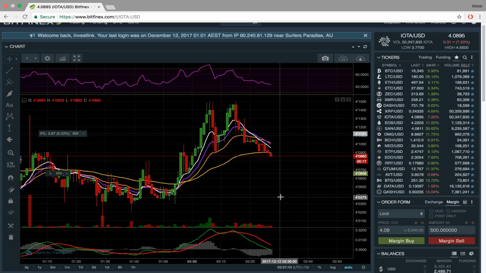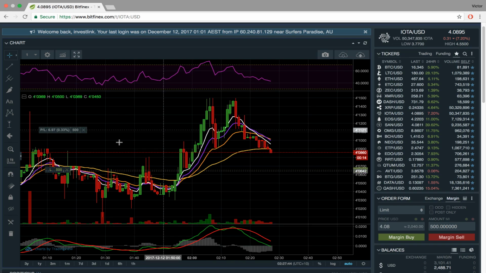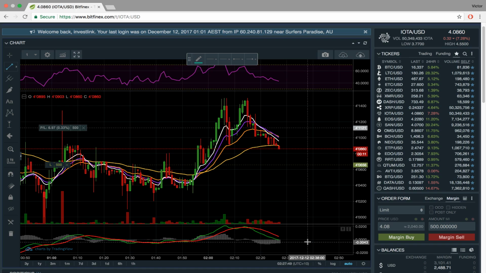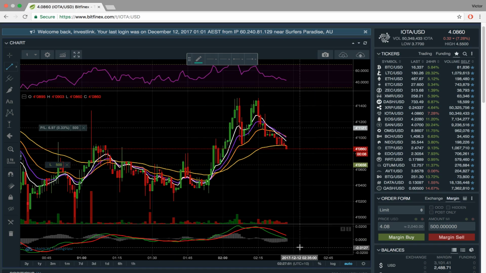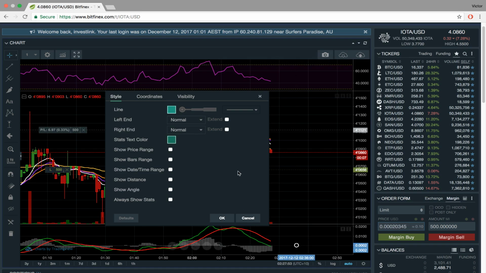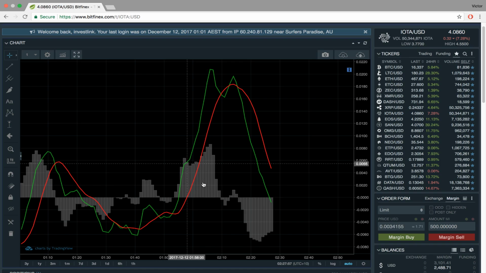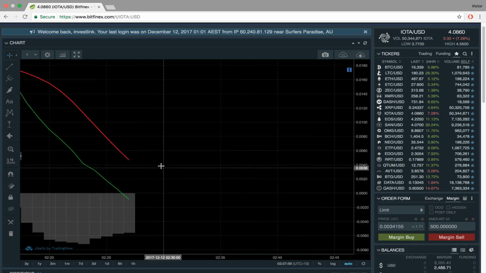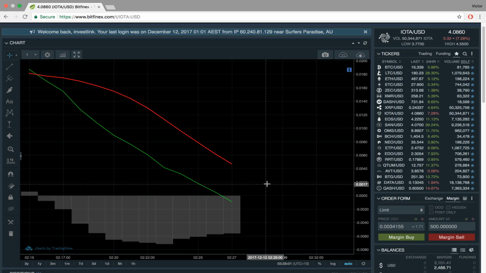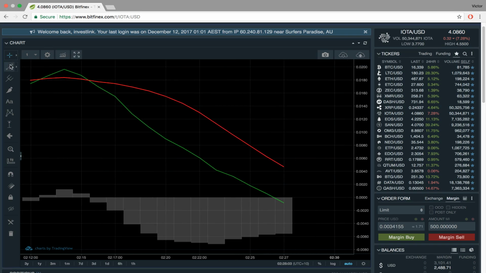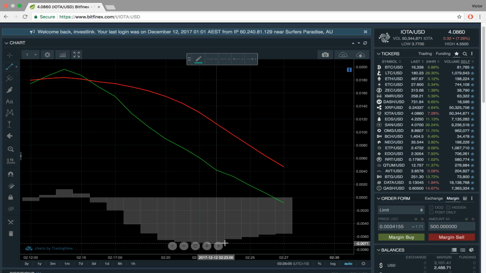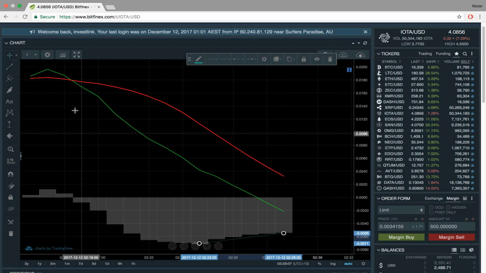Okay, now these are factors that I would also consider, that the price is actually going to move the other way. What I'm starting to see is, hold up, no, on our MACD here, I'm starting to see a little uptrend.